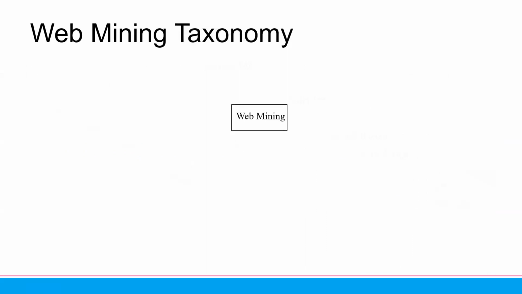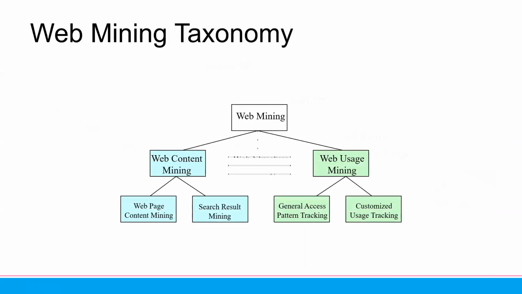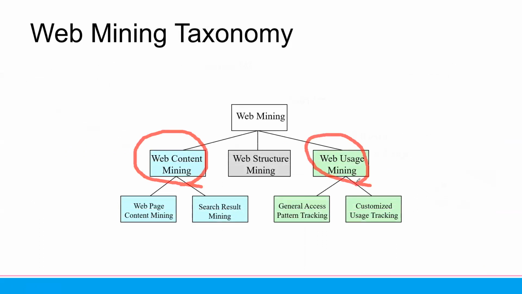So when we deal with web mining, there are some categories. We can mine the content, which means what is inside the text. Usage, so how many times the user visits the web page. And the structure. In our school we have the web page, the official site, and there are many structures.